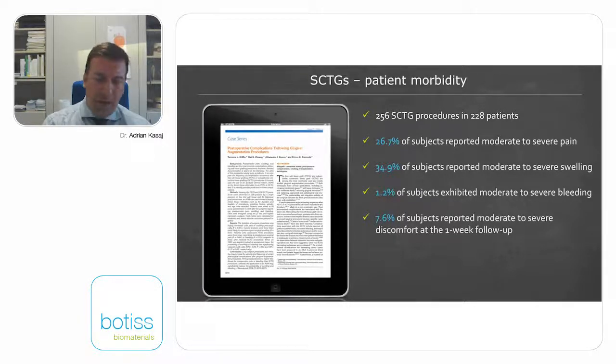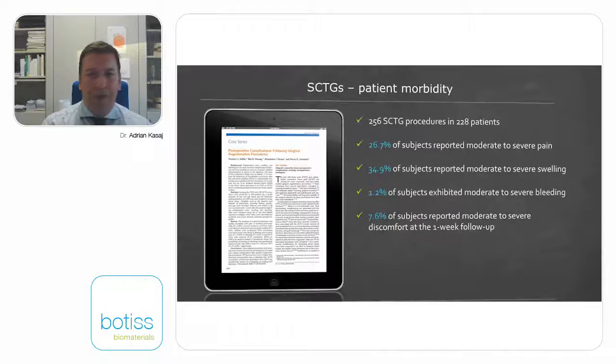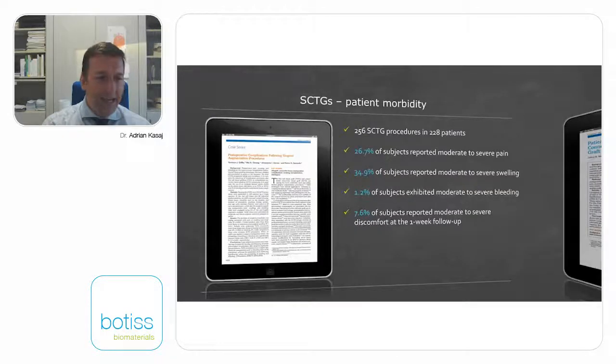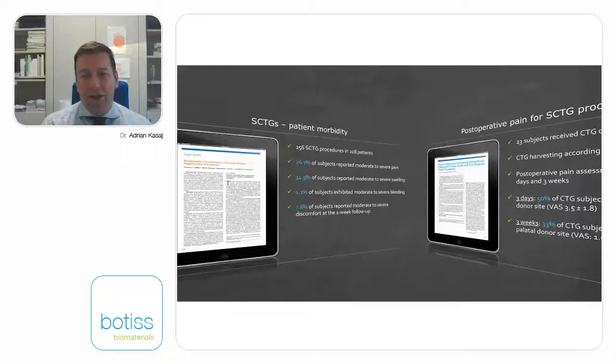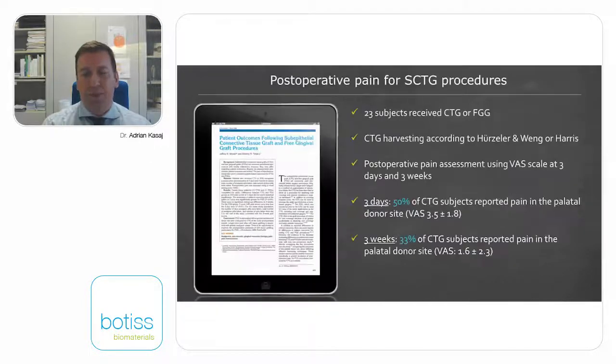1-week follow-up. A similar study published by Wessel and Tatakis in 2008 also demonstrated that 50% of subjects where connective tissue graft was harvested reported pain in the palatal donor site, and after 3 weeks, still 33% reported pain in the palatal donor site area.